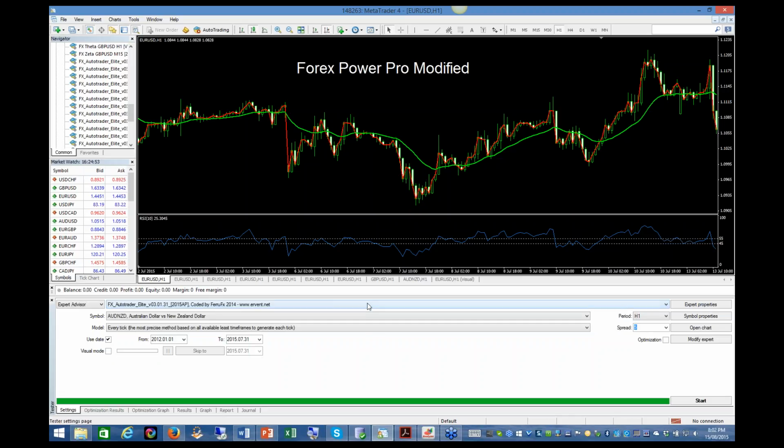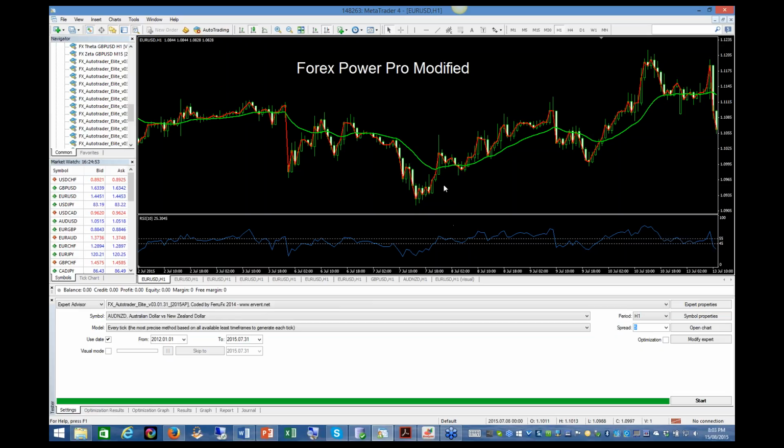So we move on to our screen, and this is the strategy slightly modified from what Forex Power Pro is to make it easier to automate. Well, we have a 20 period moving average on the median and a 1 period moving average on the close, and RSI period 10 with a 55 and 45 levels.